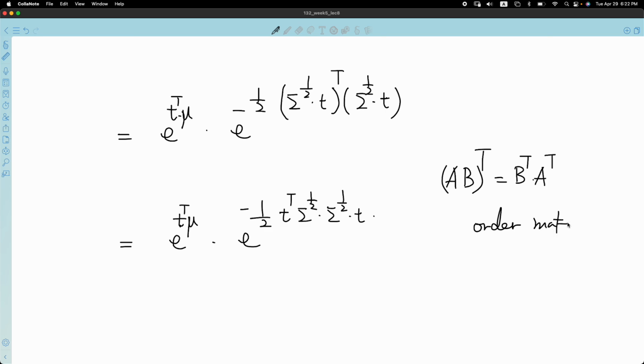Order always matters in matrix-vector multiplication. What I'm doing is distributing the transpose to the first term. I call A my sigma 1/2 and B my T. So you will have T transpose, and then A transpose is just this one, and because it's symmetric, A transpose is just itself.